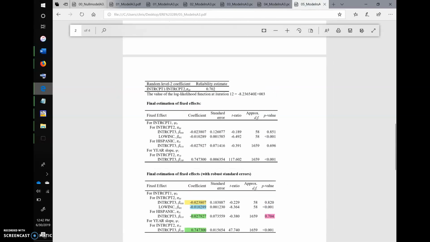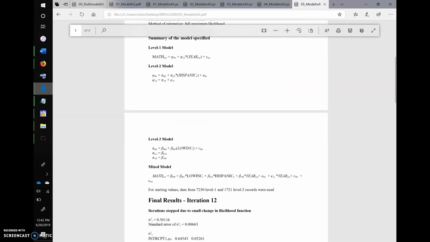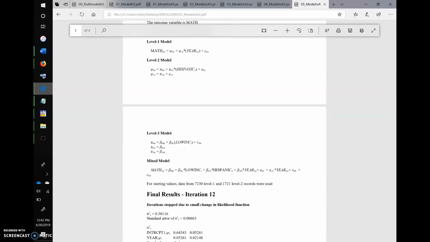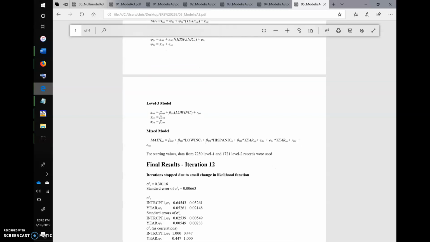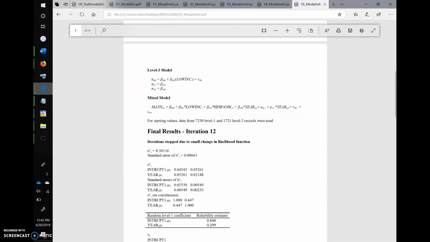And lastly, here we are going to be looking at our math achievement with year as a predictor, and within level 2 among the individuals, we're going to see if Hispanic can be a predictor, as well as, within school ID, if low income is going to be a predictor.